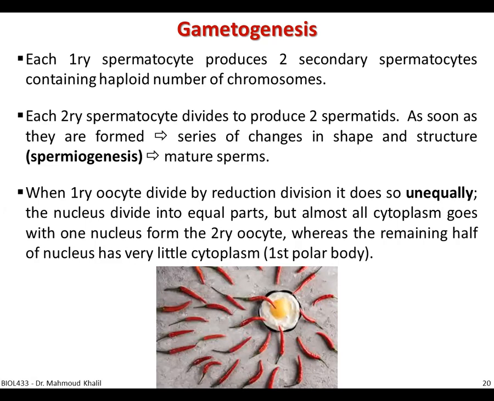This unequal division results in 2 different cells, because almost all the cytoplasm goes to one cell, which will form the secondary oocyte, whereas the remaining half of the nucleus has very little cytoplasm, and this is the first polar body. So it is a reduction division, unequal for the cytoplasm, while the nucleus divides equally for each daughter cell to receive half the number of chromosomes or half the amount of DNA material.